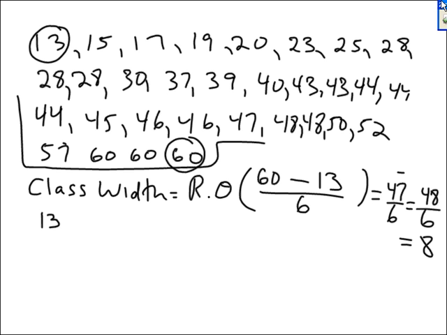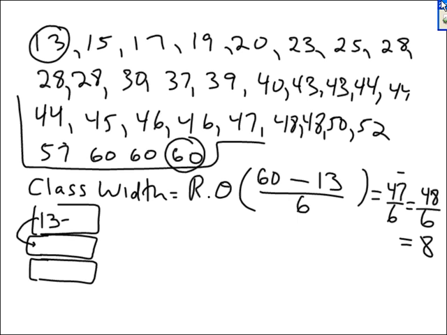Now, when you're given a table, I defined the class width. So I'm going to put a class here, and then underneath I'm going to put another class, and then another class. In fact, I'm going to put 6 of them, because we're going to have 6 classes. That information was given. Now the class width we defined as you can subtract the lower class limits, which start at 13.